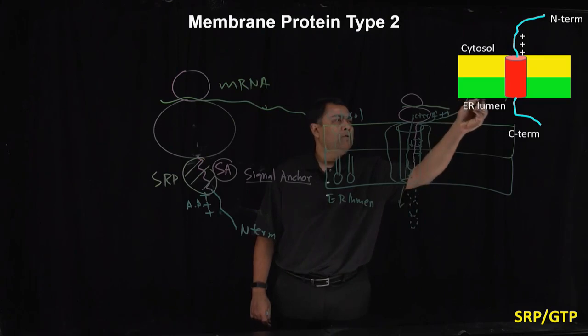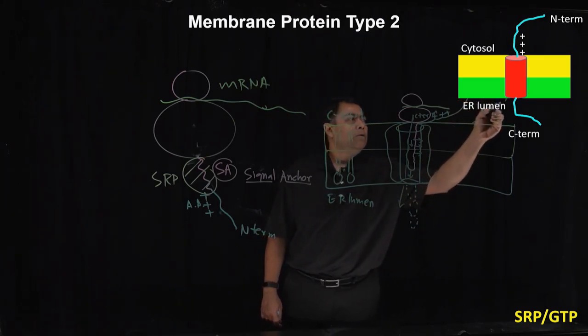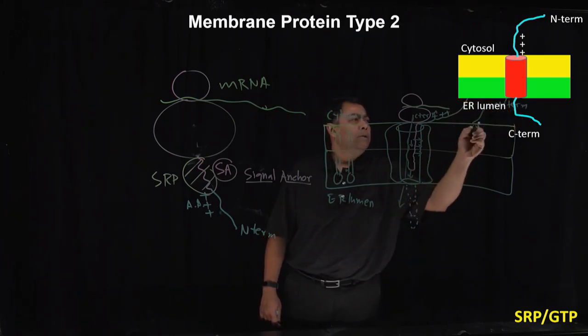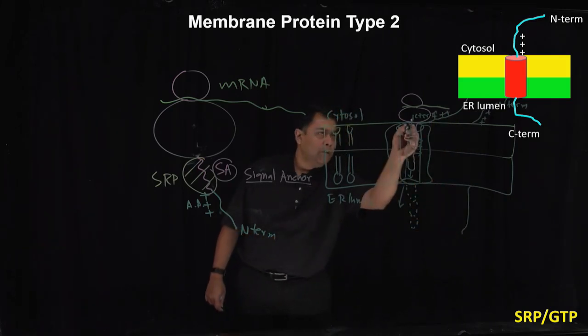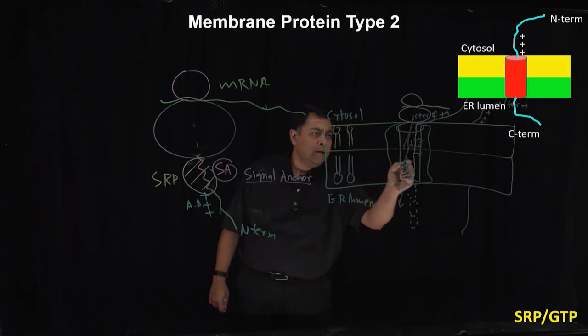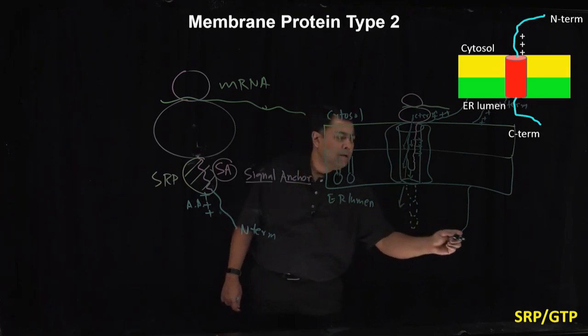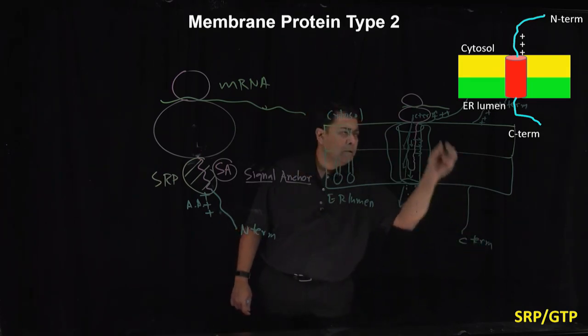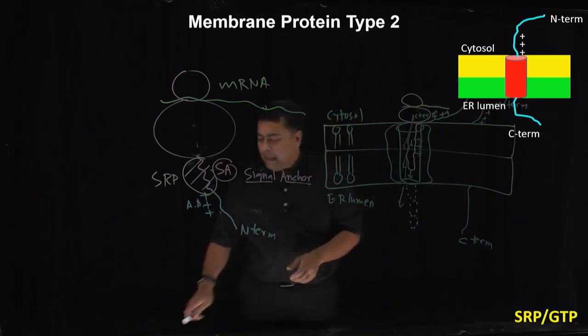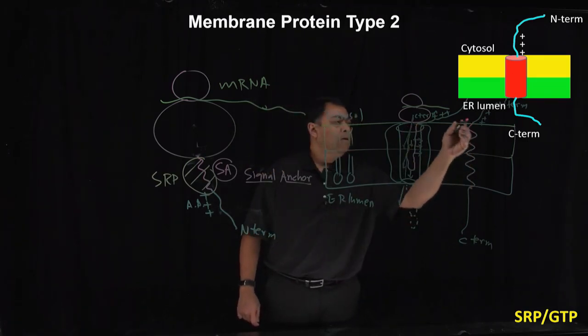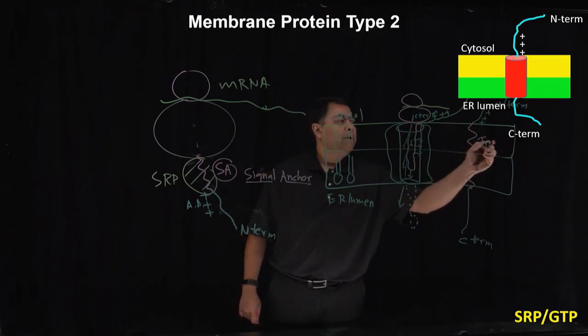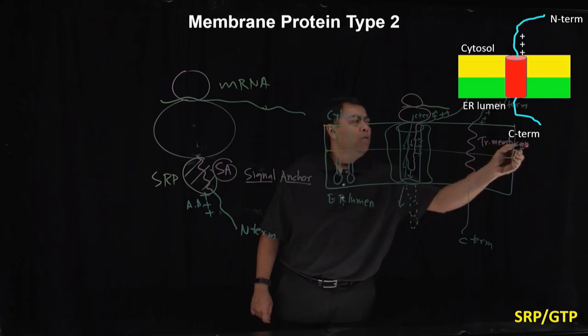So you have the N-terminal right here. This is your N-terminal with these plus sequences, and your C-terminal, which is gradually moving in as it is lowering this U-shape. So the C-terminal will be dropped through the translocon, and the hydrophobic portion in the middle right here, this is the transmembrane domain.